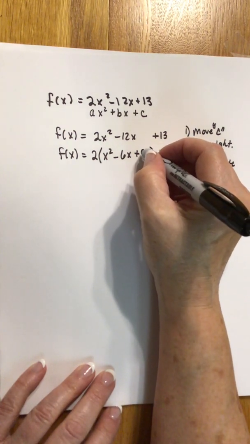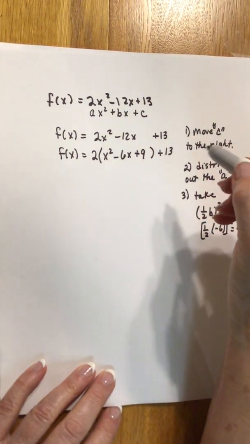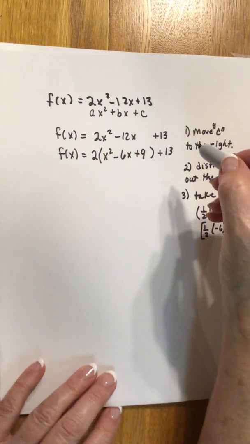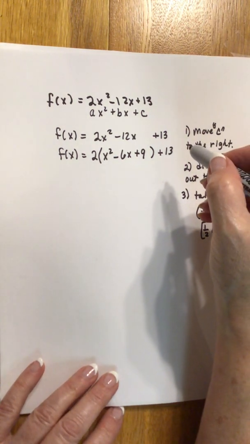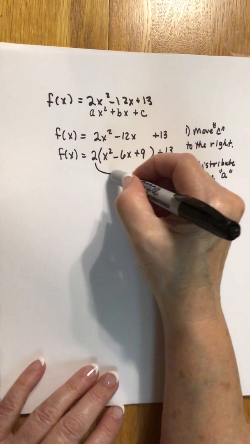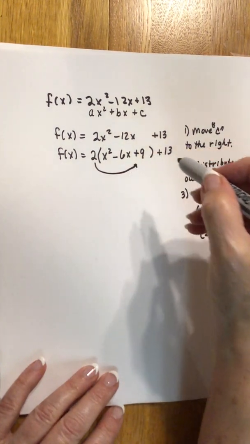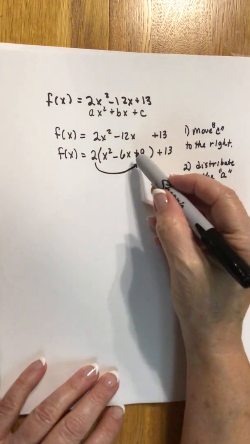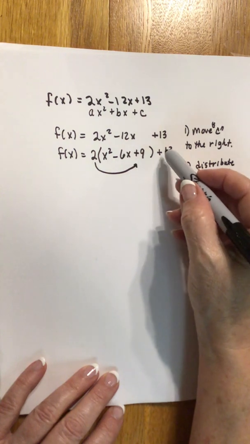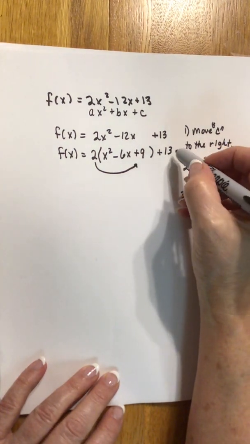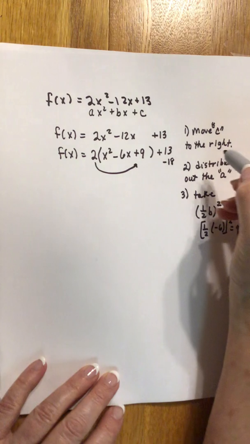Now, when I put a plus 9 on the inside, I can't just arbitrarily add stuff inside without doing something to make it stay even. So I have 2 times 9 is what I really added on. So if I add 2 times 9, or 18, over here, then on this side I have to subtract 18. So I'm going to subtract 18 on this side.